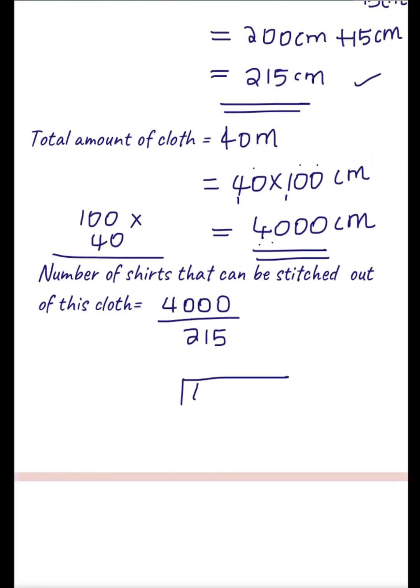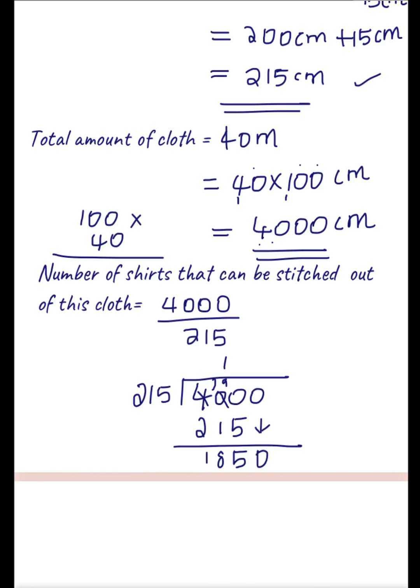That is 4000 divided by 215. Now in this 400, how many 215 is there? Only one. So 215. Now let's subtract it. So 5, now this will become 9, this will become 3. So 8, 1, 185 and 0, 1850.